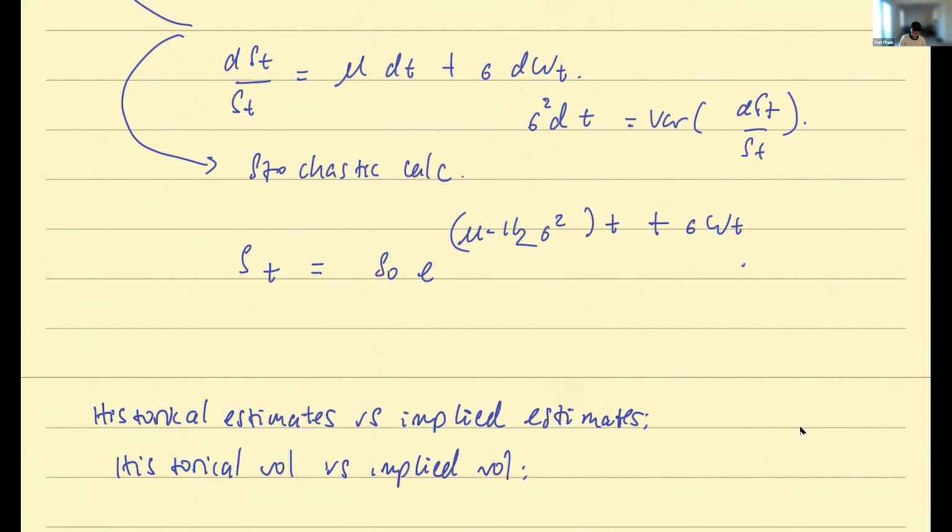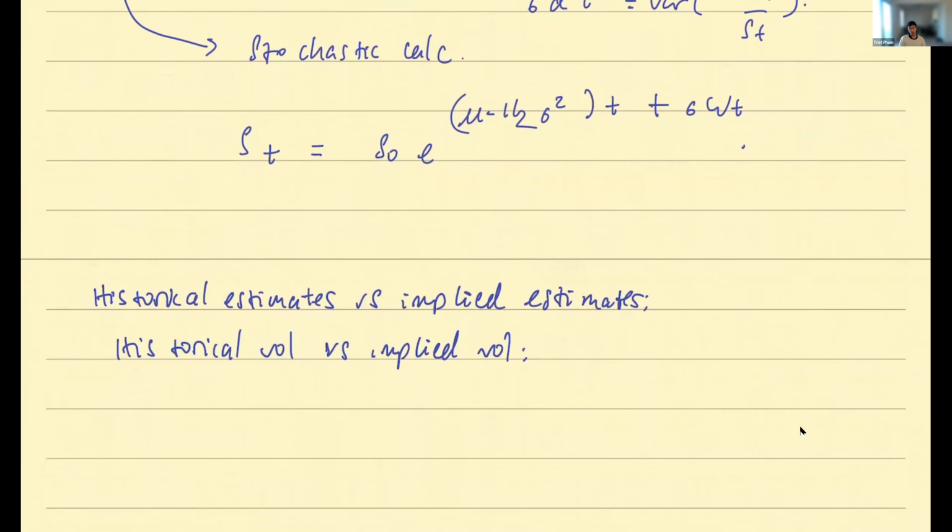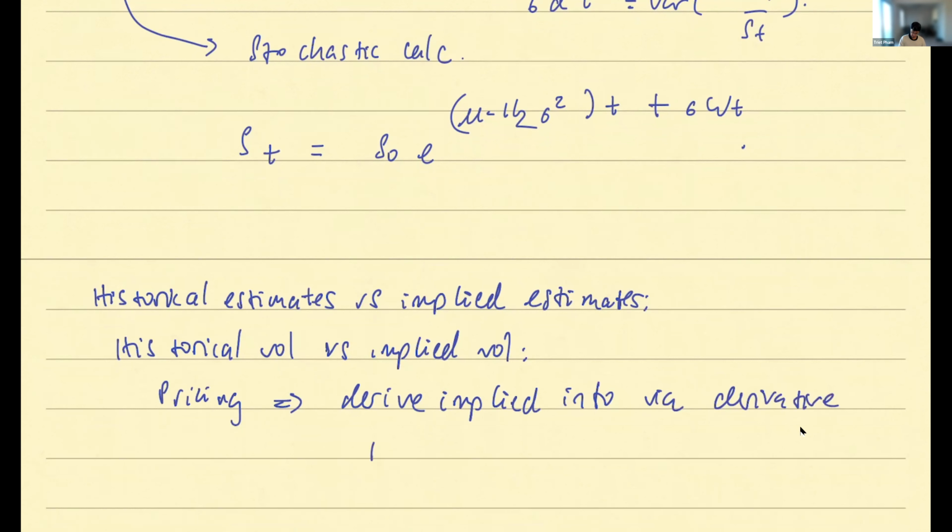Okay. So remember, last time I said, you must not lose track of this, that one of the goals of pricing, or the activity of pricing, is to help you derive implied information about the company from the derivative price.